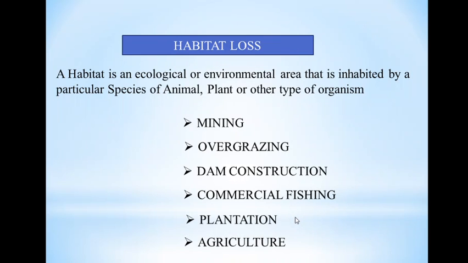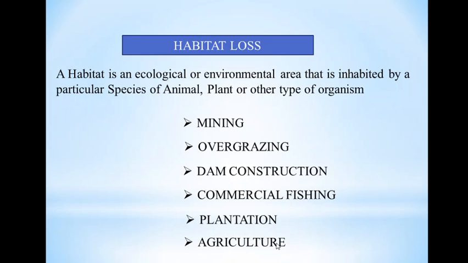Next, we'll go to agriculture. India is a highly populated country. As the population grows, the need for agriculture land is also increasing, and the only places people find in India are the grazing lands and the forest. So forests have been encroached upon with the practice of agriculture.